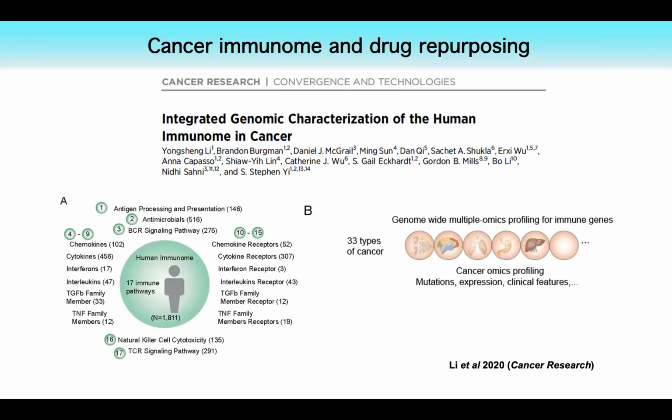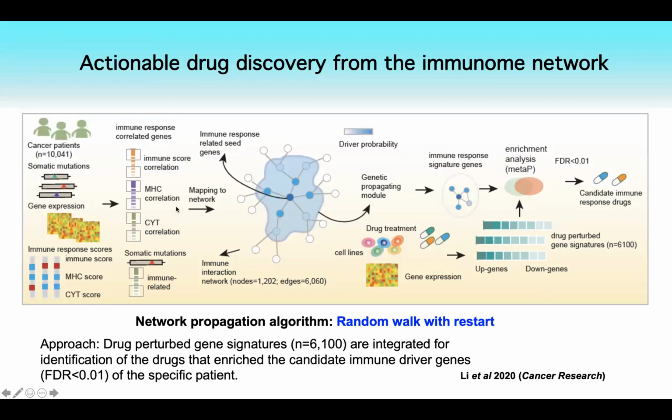We went further to apply this tool to study the cancer immunome in order to identify potential targets for immunotherapy. Again, we integrated mutation data, focusing on 33 cancer types, along with gene expression and clinical features. By that, we built a network model based on a random walk with restart algorithm.